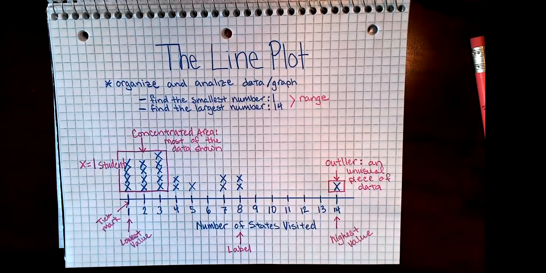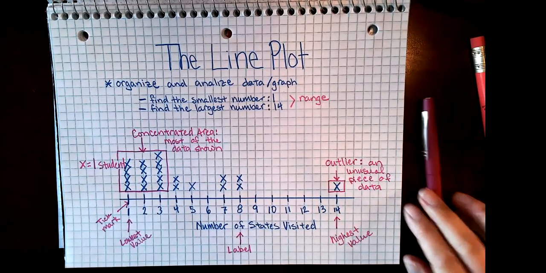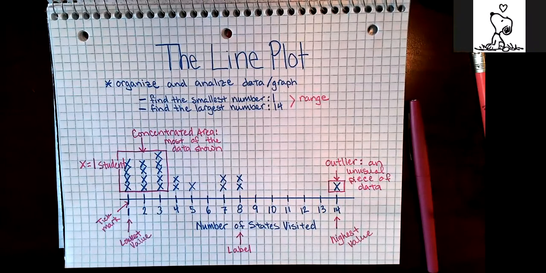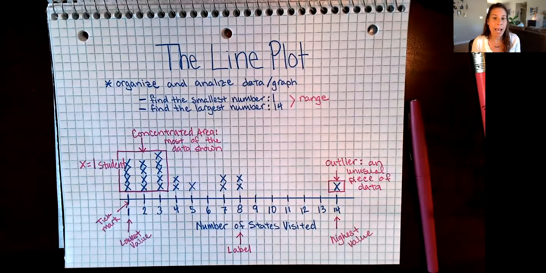All right, so what can I say about this line plot here? Well, I can say that the concentrated area of the students that visited states was 1 through 3.